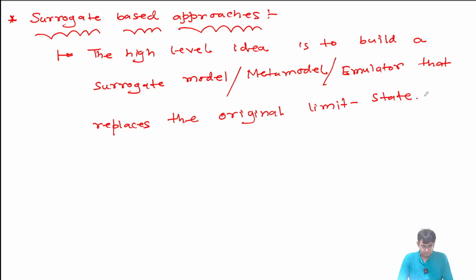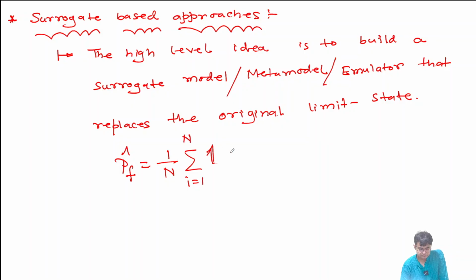So in this case, how will you evaluate PF? Your PF hat was the one you were getting using sampling. This was equal to 1 by n summation i equal to 1 to n, the indicator function, g of xi less than 0.